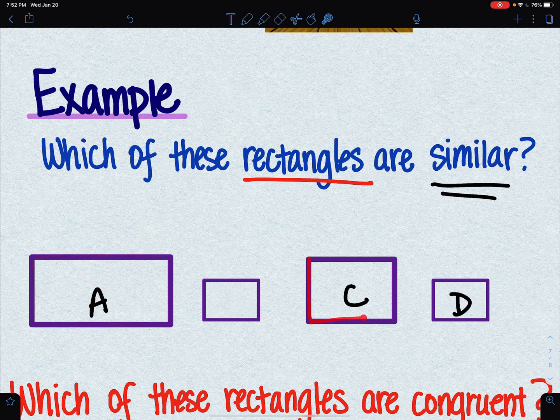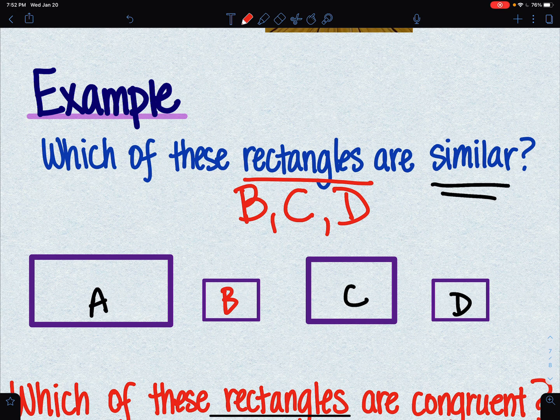But C looks similar to B and actually D. So I would say the ones that are similar are B, C, and D. Because they're the same shape, just one is bigger.